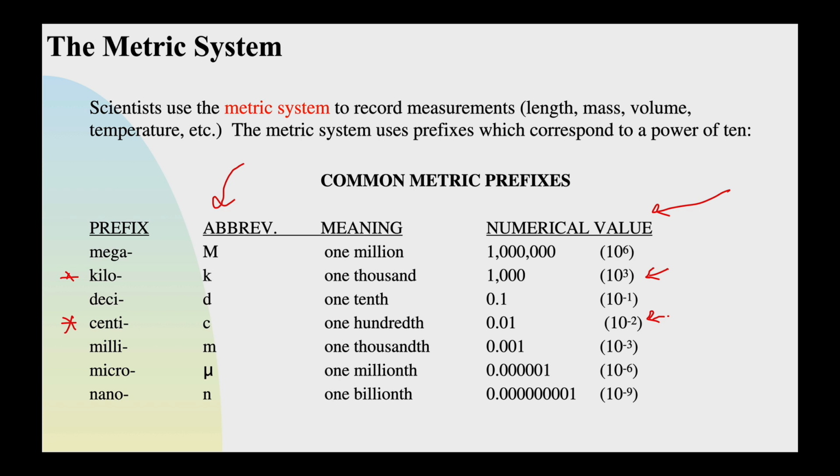Now, in chemistry, we deal a lot with kilo, centi, milli, micro, and nano. So just realize those 5 are going to show up a lot. And there are even more than on this list, but do realize that those 5 are going to have a lot of interactions with you, so make sure you've got them ready to rock.